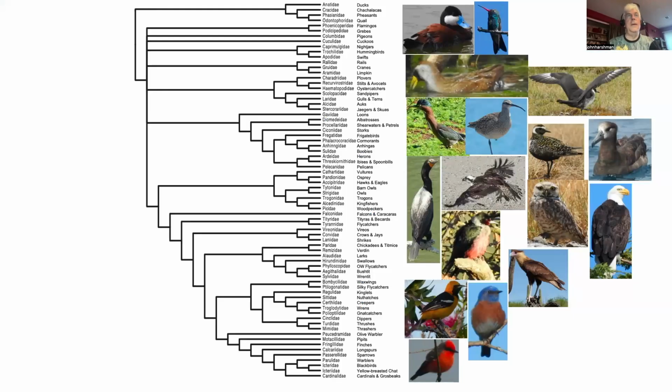This is a phylogenetic tree of the birds. It's a phylogenetic tree of all the bird families that are found in the mainland US. And at this point, we should be assured that you know how to read a phylogenetic tree. First thing you should know is that the lengths of the various branches are arbitrary.